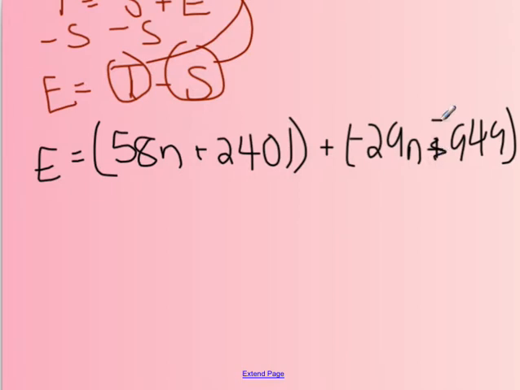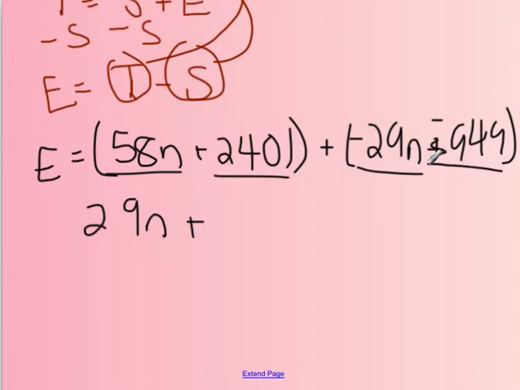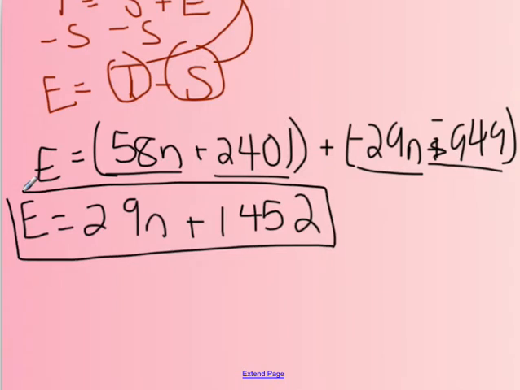Notice it's just in the parentheses that follows the negative. So 58n minus 29n, that's going to give me 29n, plus 2,401 minus 949. That gives me 1,452. And so that equation represents our number of elementary school teachers.